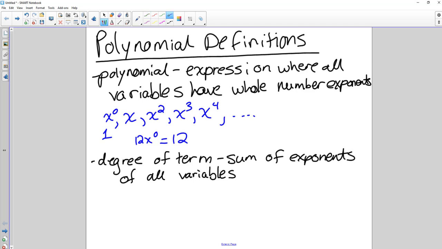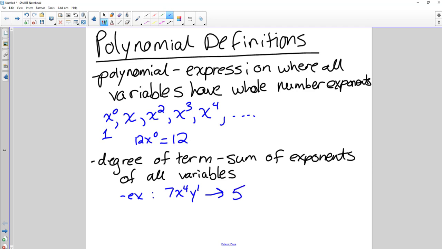So for example, here's just one term. Something like 7x to the fourth y. So this has a couple different parts, but it's all one term because it's 7 times x to the fourth times y. So the degree of this, the sum of the exponents of all the variables. If we look at the variables x and y, x has an exponent of 4, y has an exponent of 1, so the degree of this term would be 5.